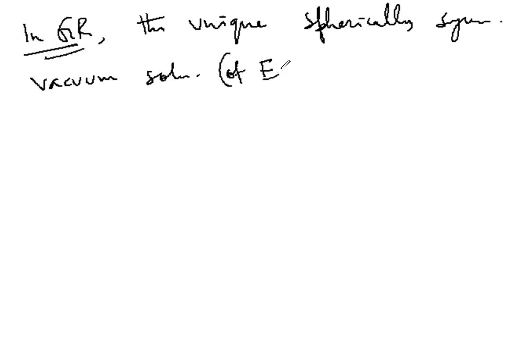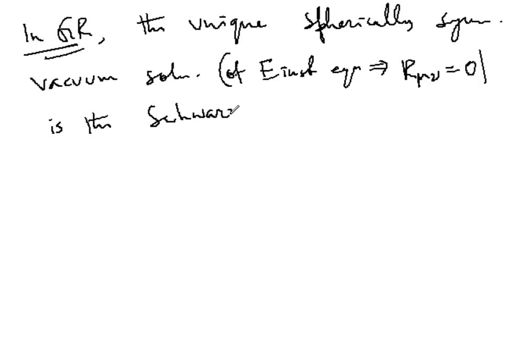So, the unique spherically symmetric vacuum solution obtained by solving Einstein's equation is basically the Schwarzschild metric.